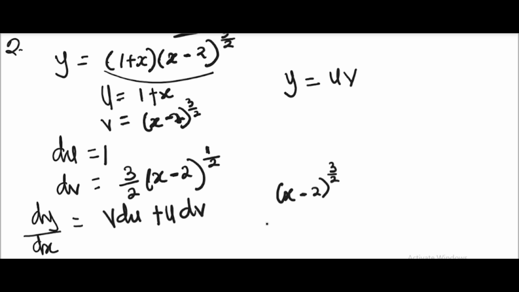My du is 1. Plus what's my u? My u is 1 plus x. What's my dv? My dv is 3 over 2 into x minus 2 raised to the power of half. Okay, so now can I simplify this expression further?